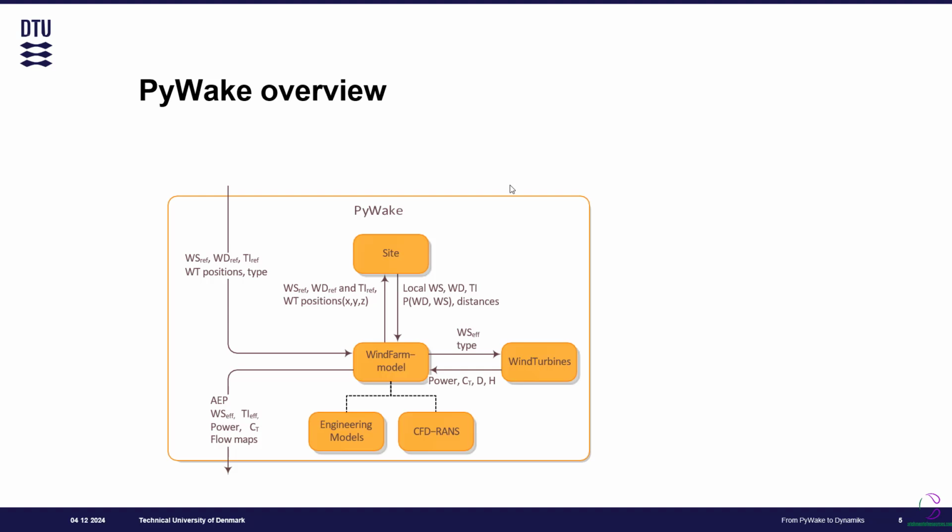So this is a basic flow map when simulating with PyWake. Once you have your parameters for what you want to design for the wind farm, you take it to the site, you generate parameters for the site, you come back to your wind farm model, you generate the properties for the wind turbines, come back to the wind farm model, then select a model, engineering models or CFD runs for the behavior of the wind speed behind the wake as well as turbulence factors.